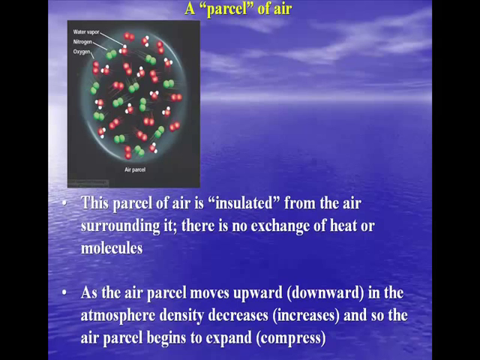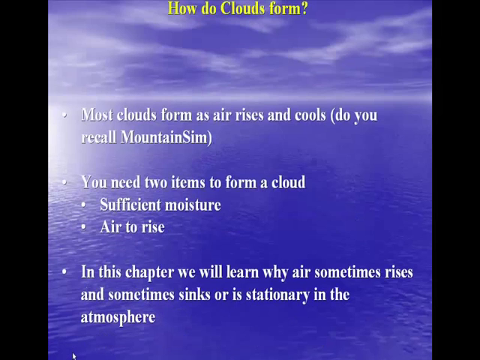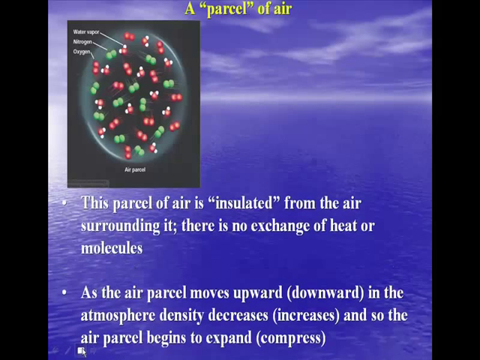Now, keep in mind that this parcel of air is separate from the rest of the atmosphere. In a way, you can think of it as being insulated from the air surrounding it. In other words, there's no exchange of heat or molecules from within the air parcel to the air outside of it. So we're just going to look at this air parcel as a bubble of air that is insulated from the rest of the atmosphere.